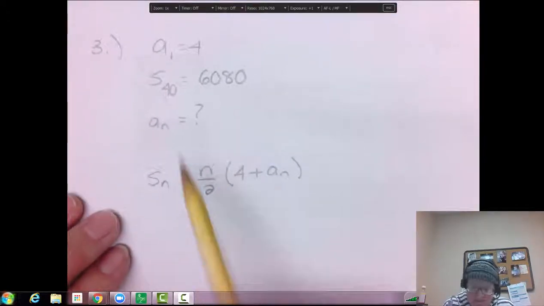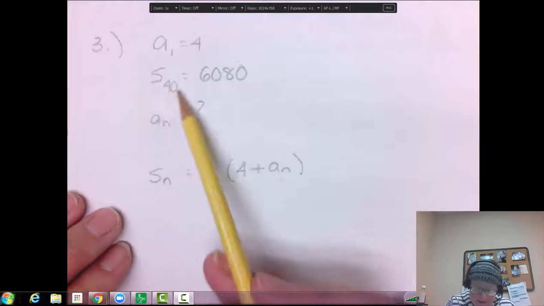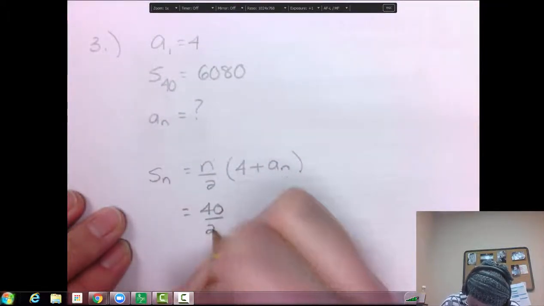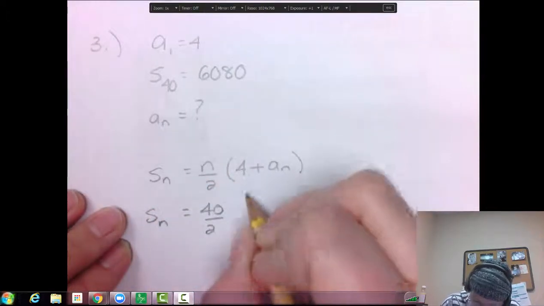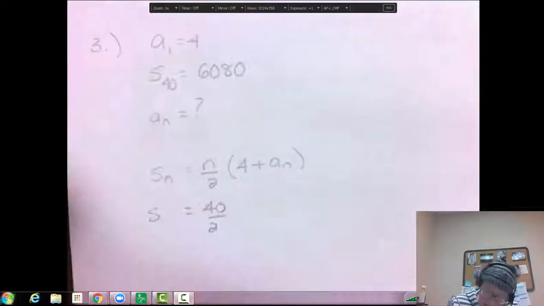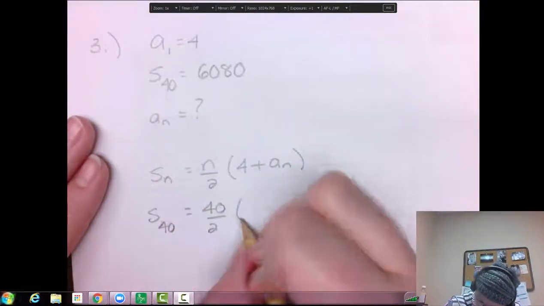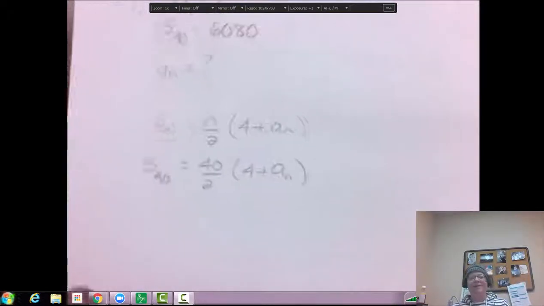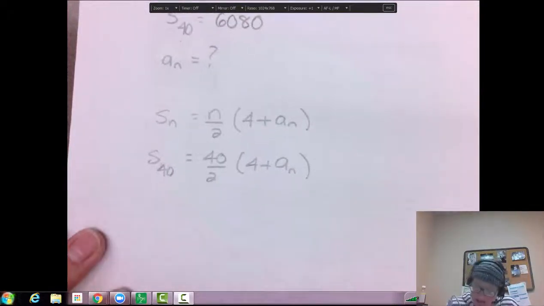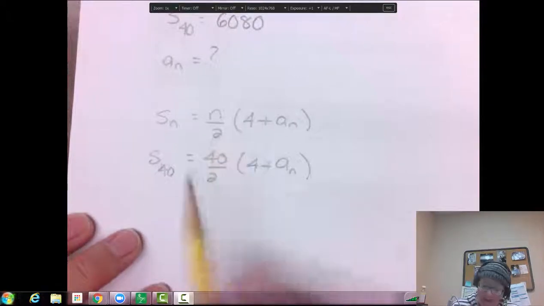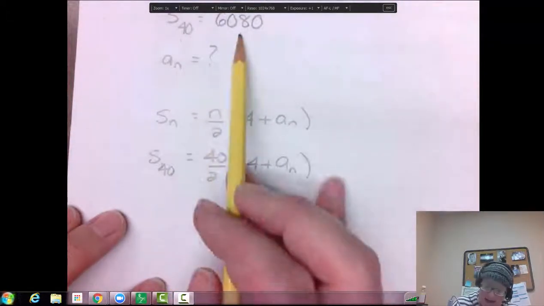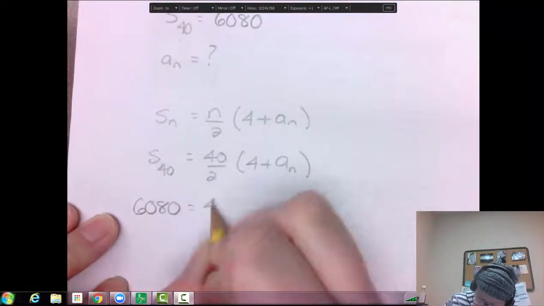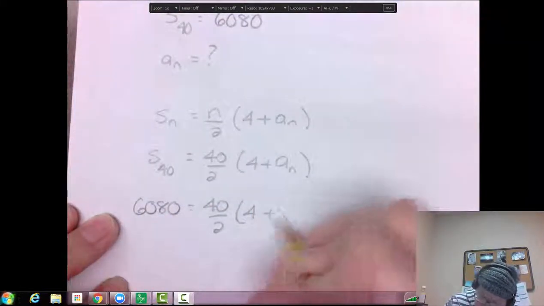We had 40 terms, so we're still looking for s to the 40. We knew n from the beginning, but I didn't write it down. So we know it's 40 terms, and we know s to the 40 is 6080. So 6080 equals 40 over 2, times 4 plus a to the n.